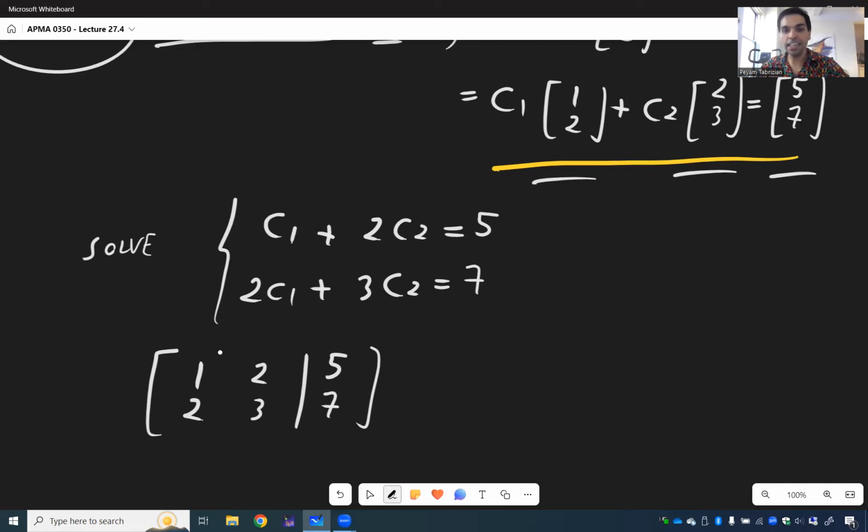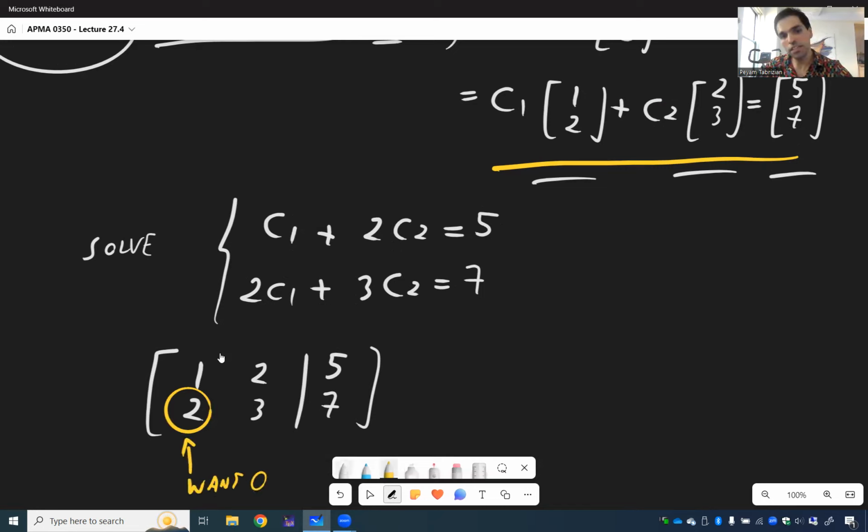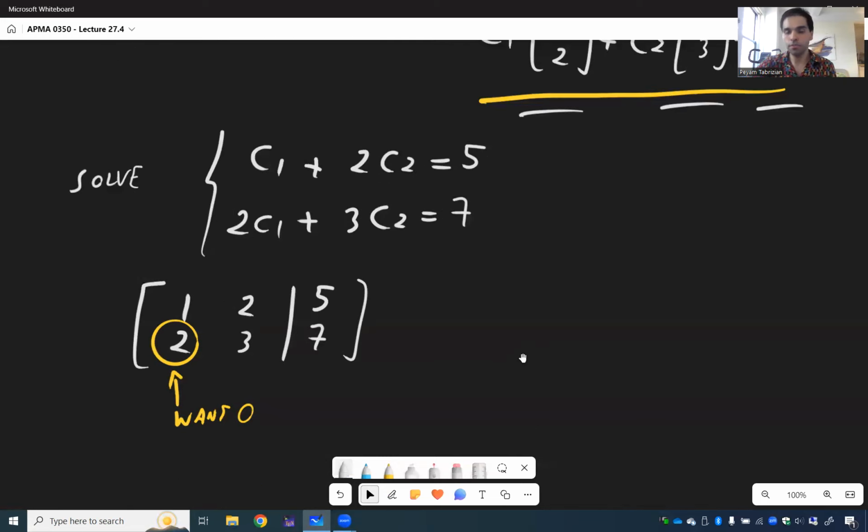And kind of the idea is we just want to turn this 2 into a 0. And we can do this by what's called row operations, meaning we can switch two rows, we can multiply a row, or we can subtract a multiple of one row from the other one.